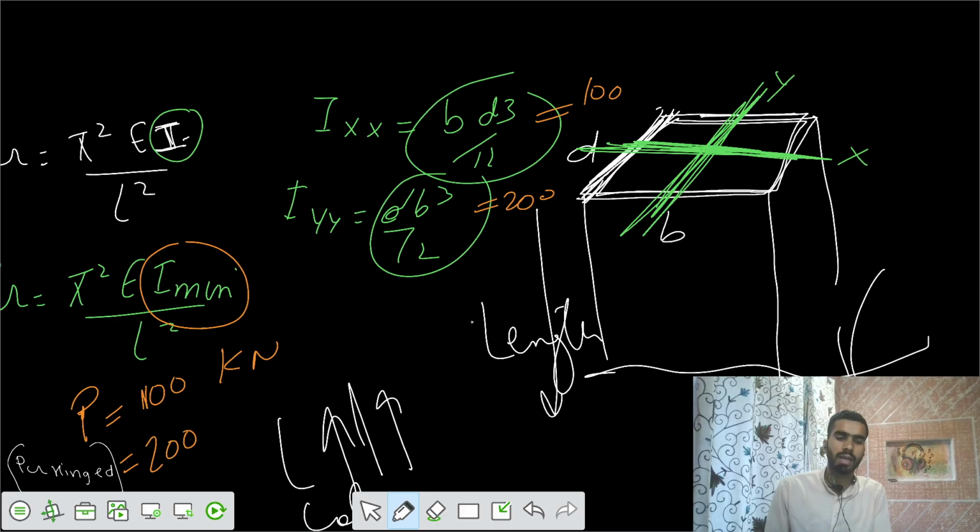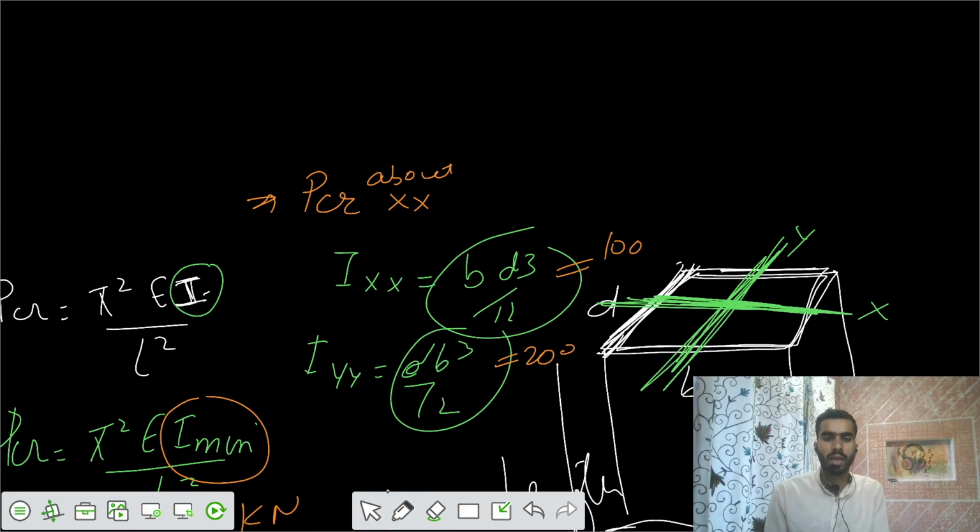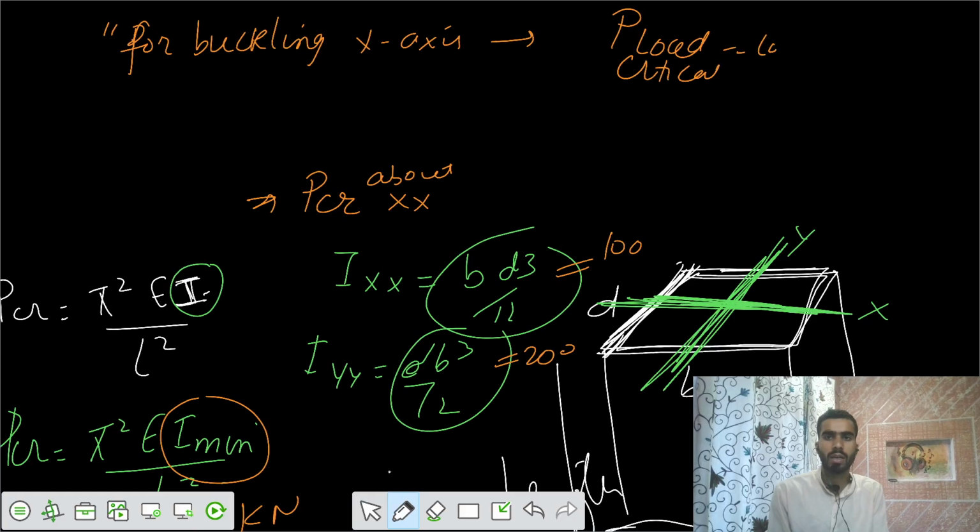And in the second case, it can take 200 kilonewton about the y-axis. So for buckling about the x-axis, the critical load needed is 100 kilonewton, and for buckling about the y-axis, the load needed is 200. So that means the y-axis is safe.